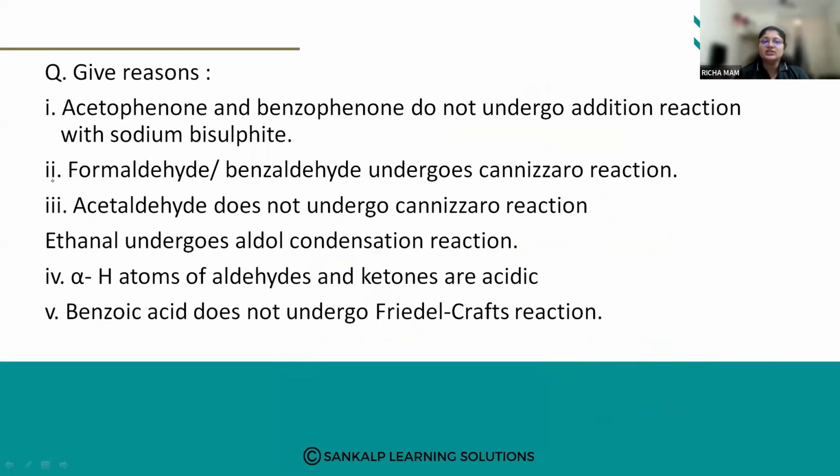Next question: give reasons. They may ask you questions in the form of give reason. There are 5 questions here, and each question is for 1 mark.